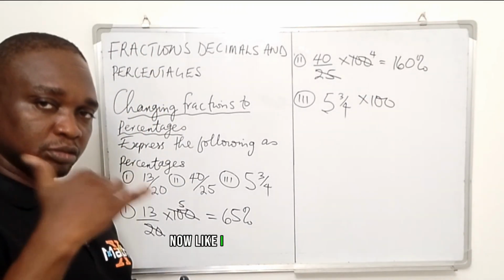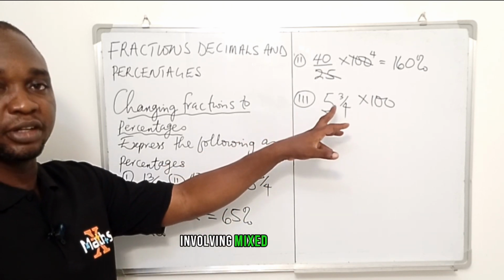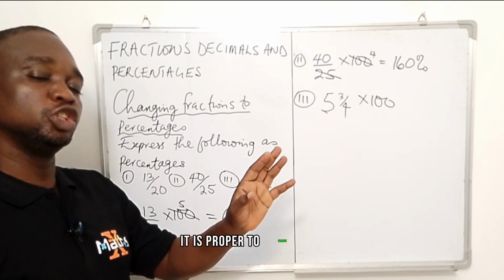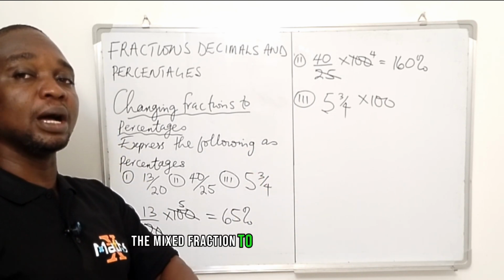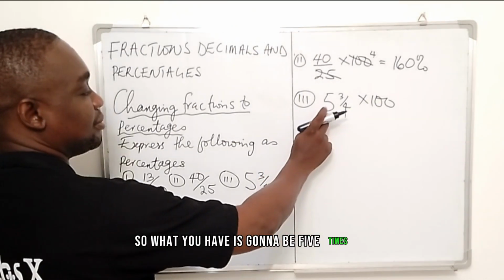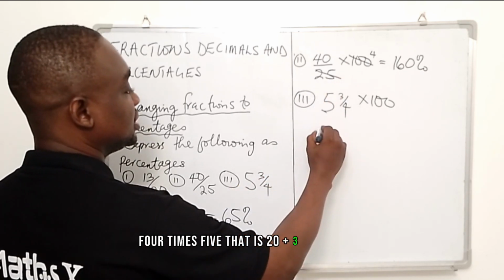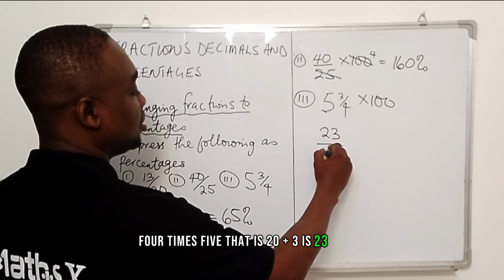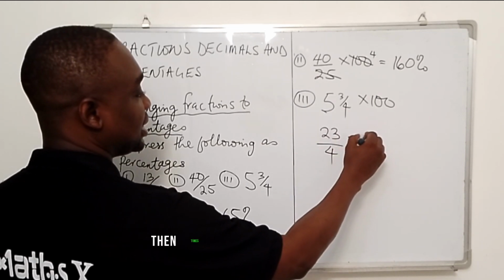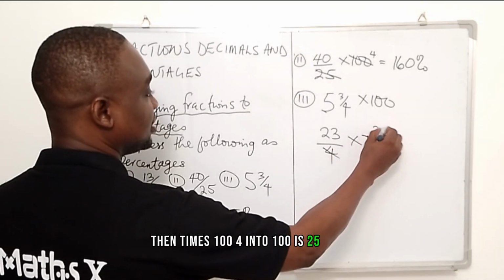Now, like I showed you earlier, when you are multiplying numbers involving mixed fractions, it is proper to change the mixed fraction to an improper fraction. So what you have here is 4 times 5, that is 20, plus 3 is 23 over 4, then times 100. 4 into 100 is 25 times.